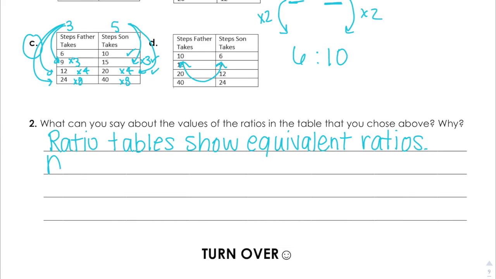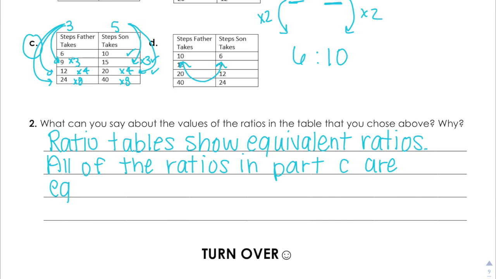So all of the ratios in part C are equivalent to the 3 to 5 from our problem originally.